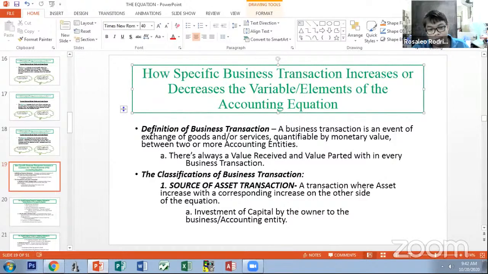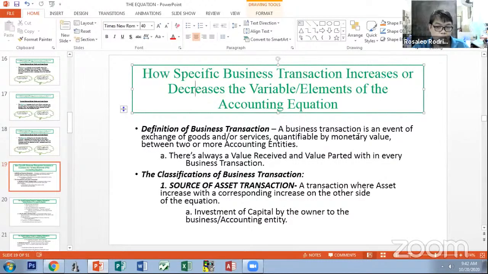So, speaking of exchange of goods or services, it's really about a sale transaction. There is a transfer of goods or services from one entity, one person, to another person. And that transfer must be quantifiable in terms of monetary values. So money as a medium of exchange.